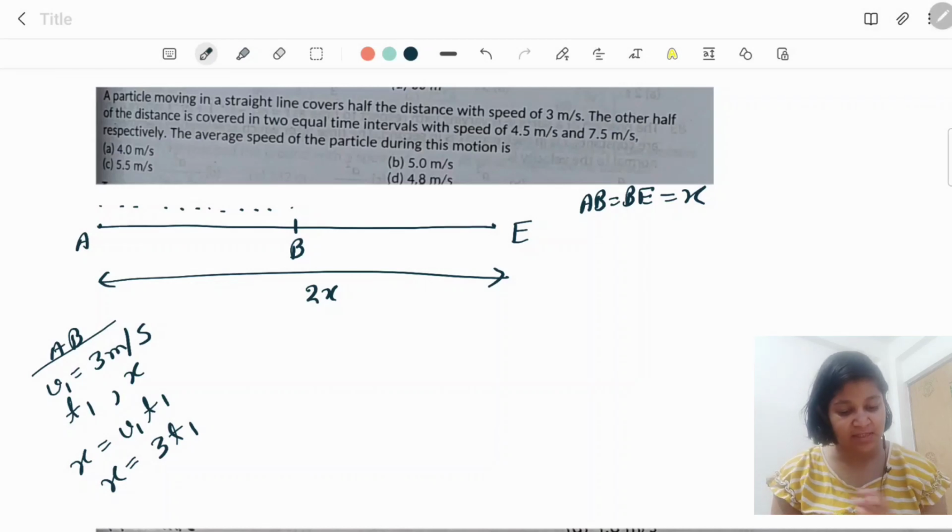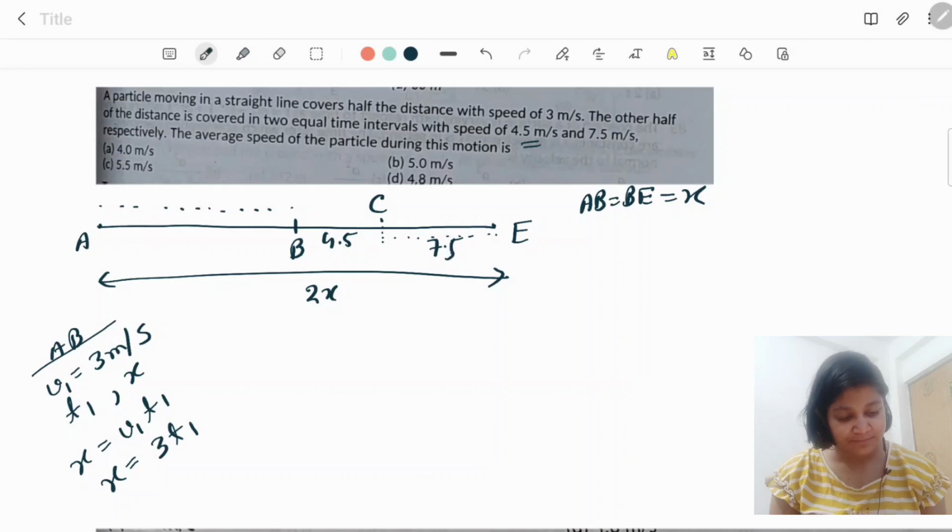For the next half segment, he covers it in 2 equal time intervals. Suppose in the first time interval he goes up to a point C. He travels that interval with a speed of 4.5 meter per second, and the rest of the time interval he covers at 7.5 meter per second.